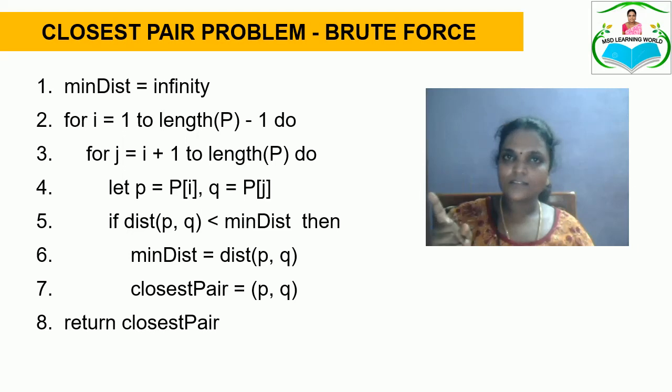So at last, you will have the distance between all the pairs of points. From those pairs, you select the pair which has the minimum distance. But before you proceed in the algorithm, you take the minimum distance as infinity. So this is how the brute force methodology is used to find the closest pair.